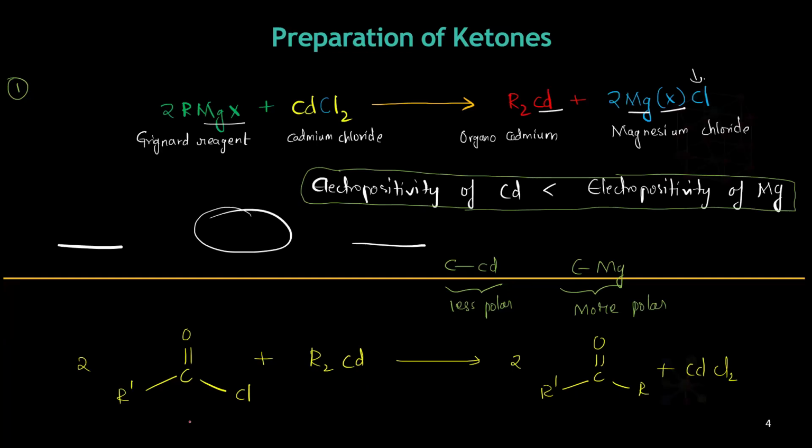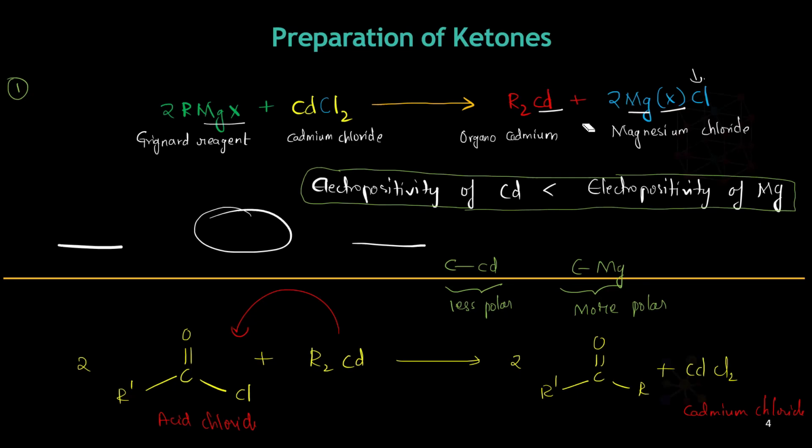This organocadmium will react with the acid chloride and produce the desired ketones and cadmium chloride, which is a byproduct. Understood? So the Grignard reagent will react with the cadmium chloride, resulting in the formation of organocadmium and magnesium chloride.